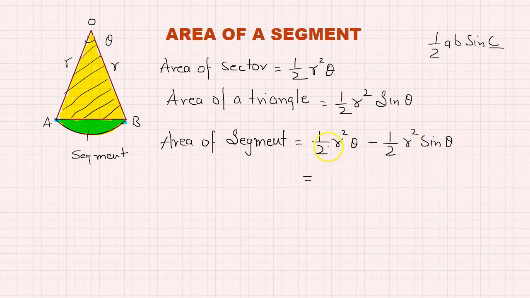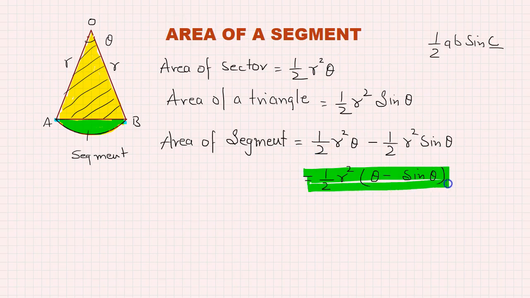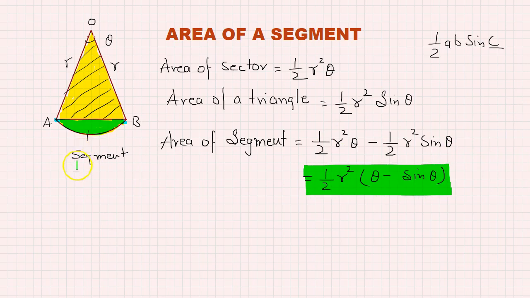If you simplify it, half r square is common and the balance is theta minus sine theta. So that will be the formula for the area of a segment.